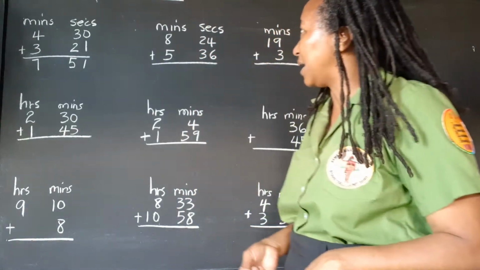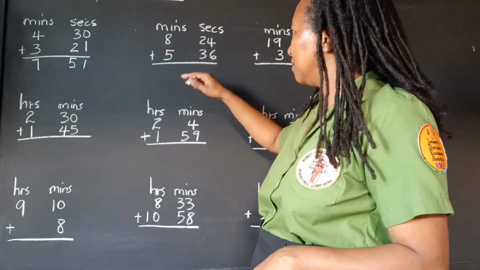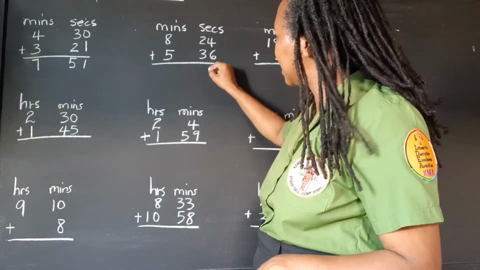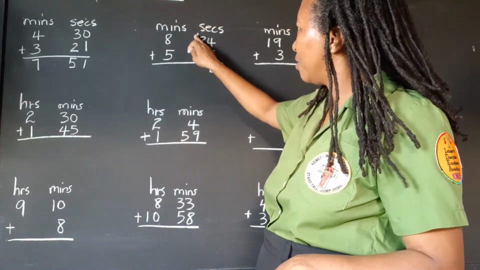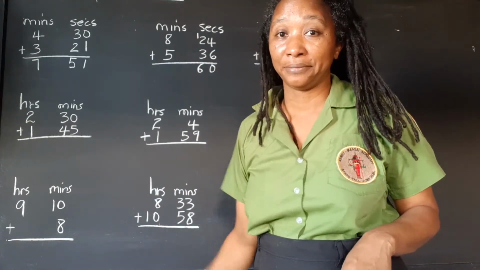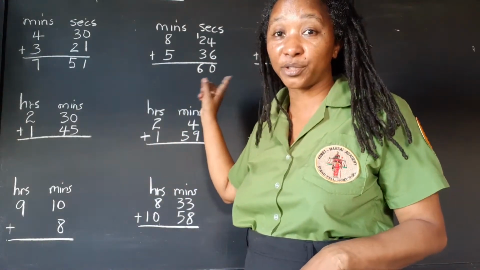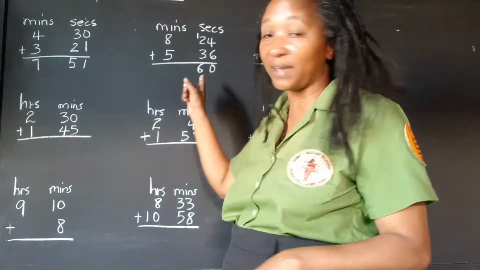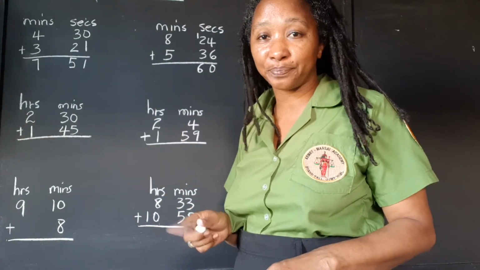Now we're adding again minutes and seconds. 4 plus 6, that's 10. 2 and 1, 3, so that's 60. 60, what are we going to do with the 60? Are we going to leave it under the seconds?